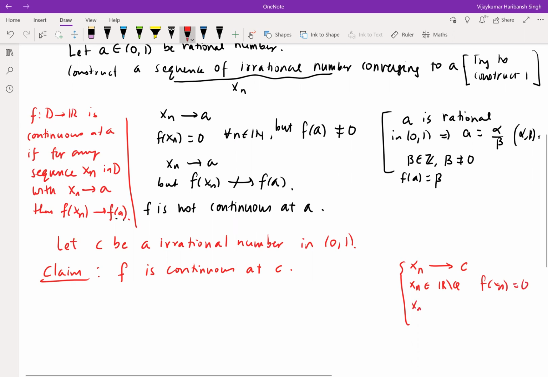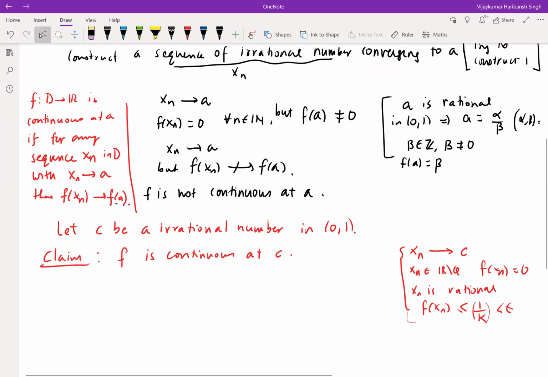However, if xn is rational, then you can choose the ones with denominator so large that f of xn will be less than or equal to some small fixed k. This k can be made less than epsilon, by the starting point of the continuity. So this is the idea behind it, so let's proceed with that.